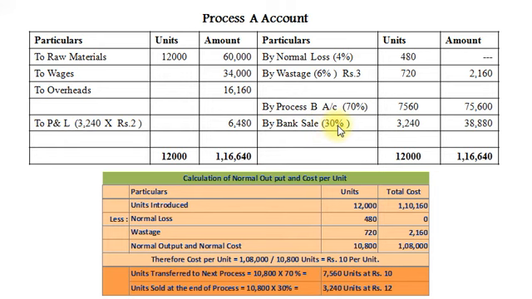So now first of all let us calculate the cost price of 70% and 30%. Here is the working.